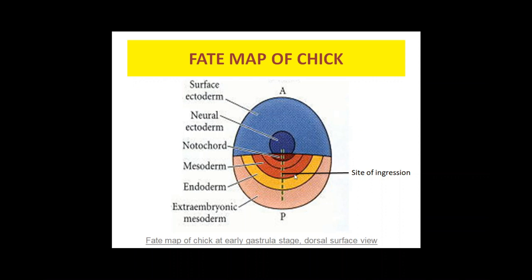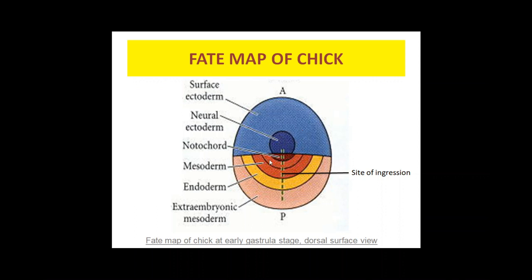Cells that will form notochord, the dark red colored ones, occupy a central dorsal position, while the precursors of neural system, shown in dark blue color, lie immediately anterior to notochord precursors. Neural ectoderm is surrounded by a less dorsal surface ectoderm, which will form the epidermis of skin.